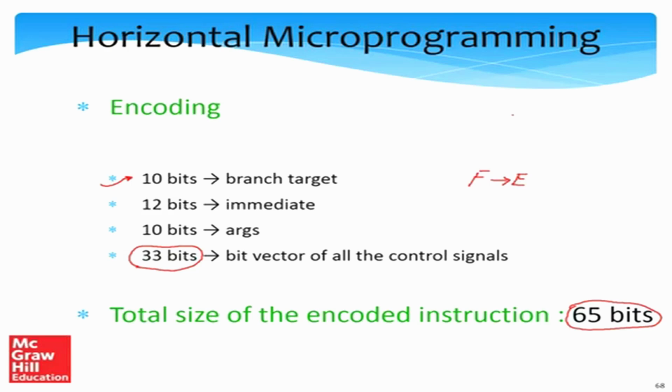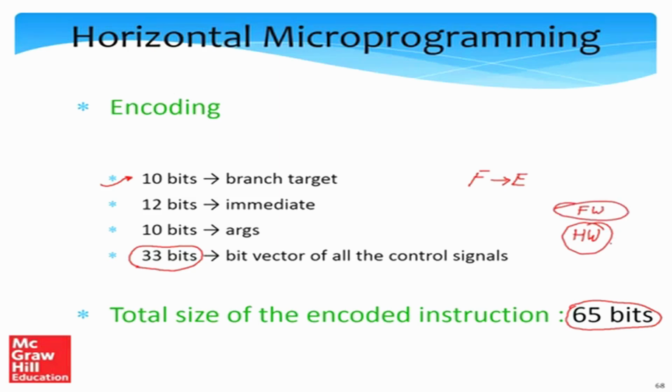So number one, it will require more size, which in some cases is okay, in some cases it's not okay. But the other bigger thing is that we'll have to expose all the details, including control signals of the hardware, to firmware, where all our microcode is.